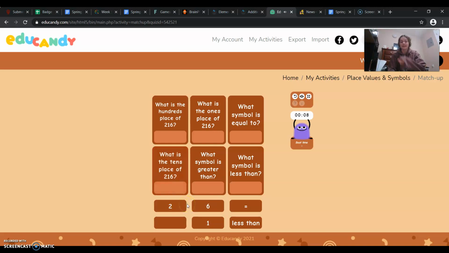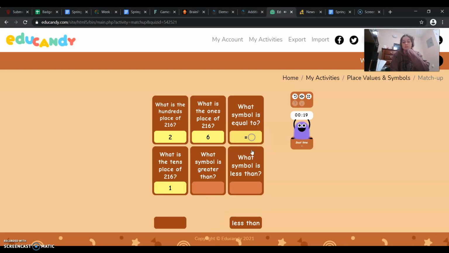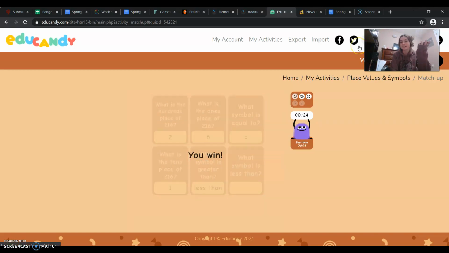Oh, obviously that is not the tens place. You want to look for the ones place for that. You want to look for the hundreds place for this. The ones place for tens. Equal to. The less than symbol didn't pop up correctly. But yeah, you get the gist of it.